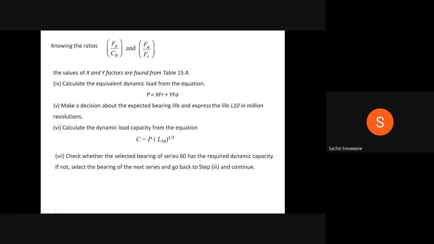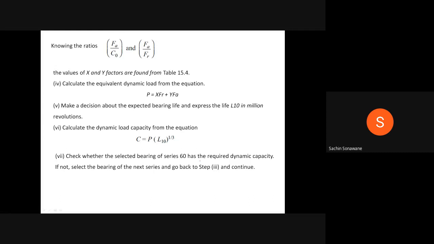Next, calculate the equivalent dynamic load from the equation P is equal to x Fr plus y Fa. The next step, make a decision about the expected bearing life and express the life L10 in million revolutions. Sixth step, calculate the dynamic load capacity from the equation C is equal to P into L10 raised to 1 by 3.